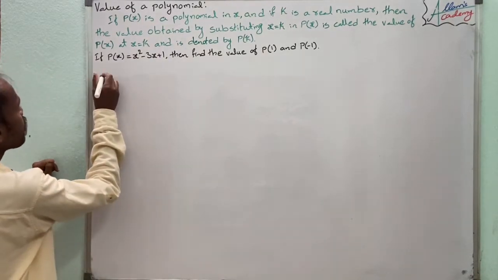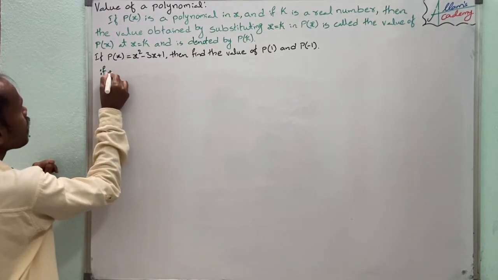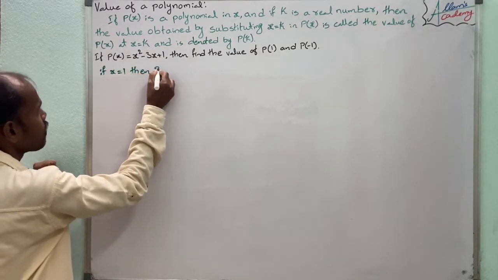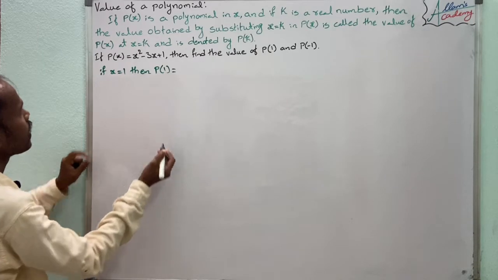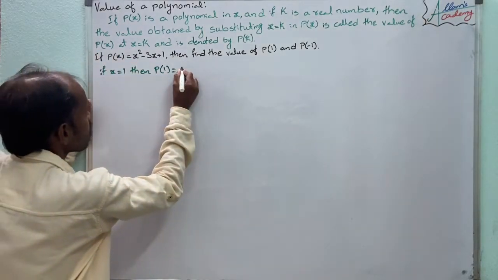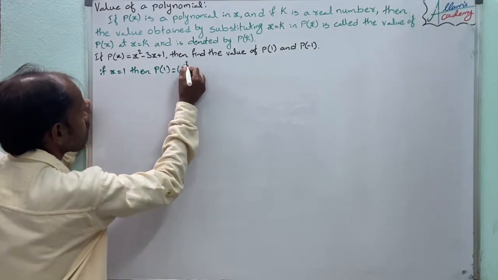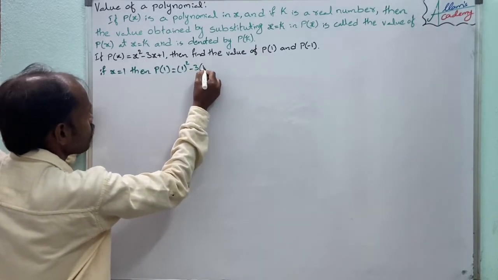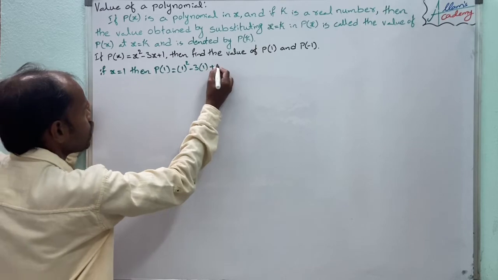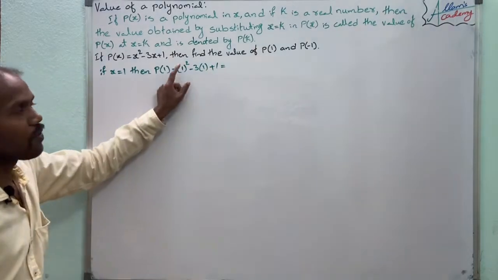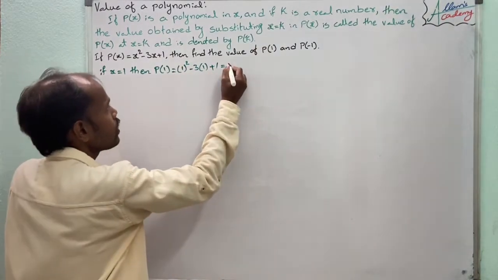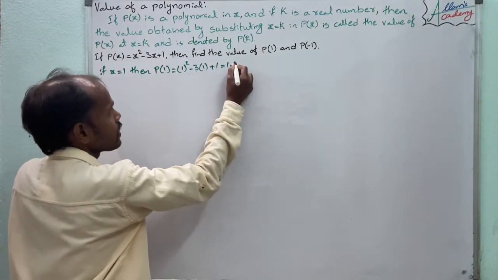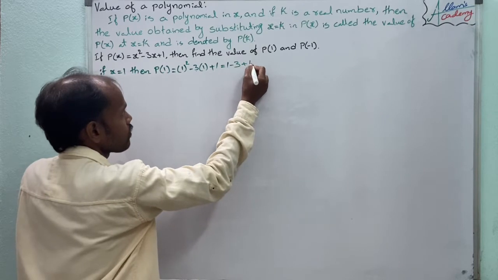If x equal to 1, then p of 1 equal to 1 square minus 3 into 1 plus 1. 1 square equals 1, minus 3 times 1 is minus 3, plus 1.